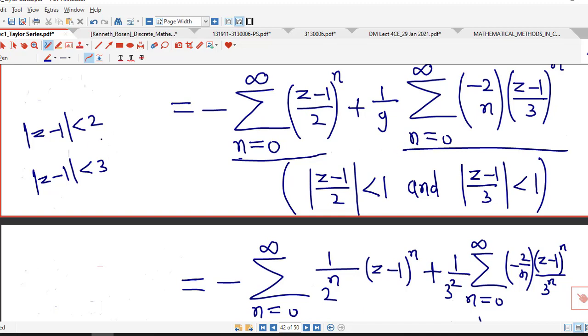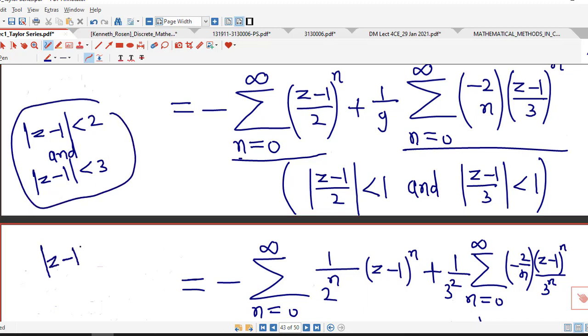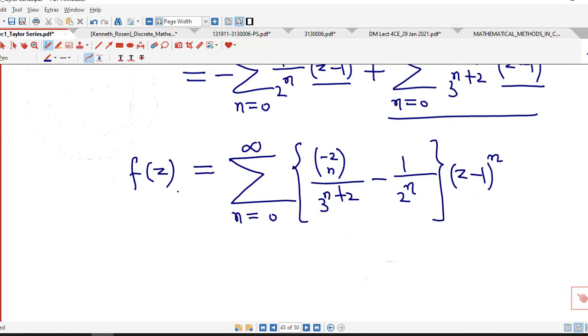So the sum of these two series is valid in the intersection of these two open disks, which is nothing but absolute value of z minus 1 less than 2. So this Maclaurin series expansion is valid in the open disk absolute value of z minus 1 less than 2. So this expansion is valid in the open disk with center z equal to 1 and radius 2.